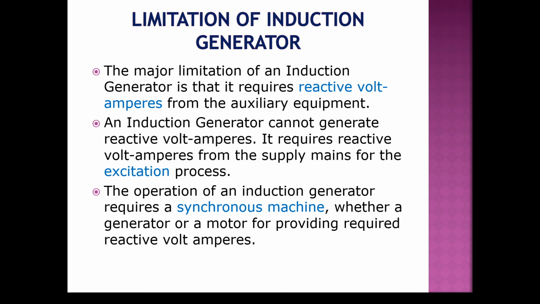Therefore, one more disadvantage is that when it operates as an induction generator, it requires a synchronous machine, which can be a motor or generator, for providing the required reactive volt amperes or reactive power.